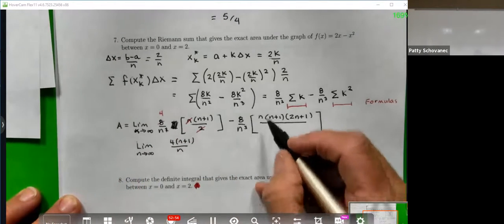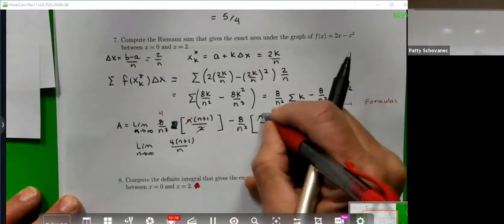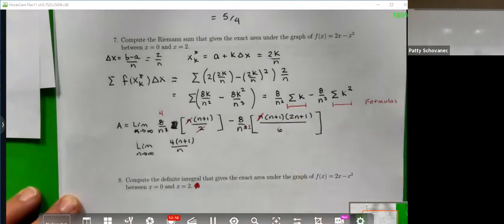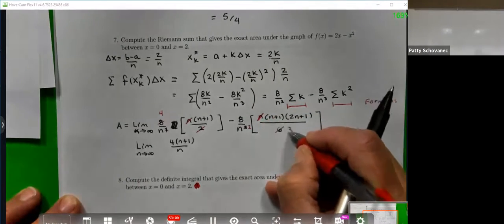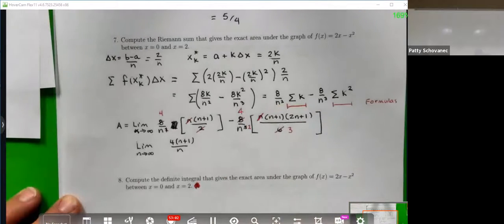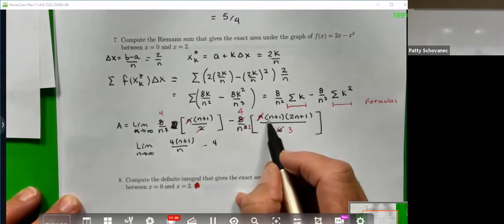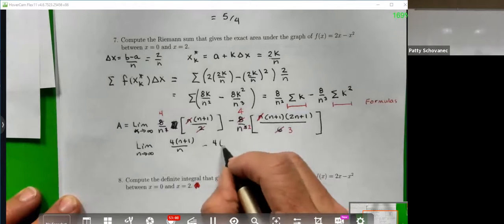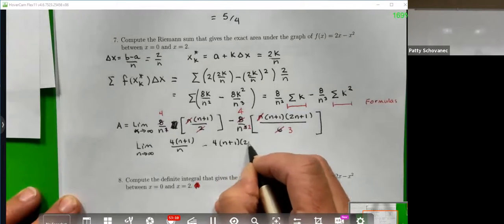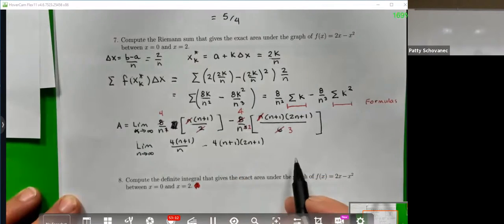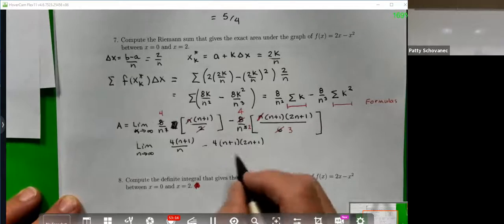Over here, I'm going to cancel an n. This is an n squared. 6 and 8 are both even. So I'm going to write a 4, n plus 1, 2n plus 1, and a 3n squared on the bottom.